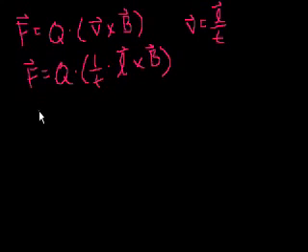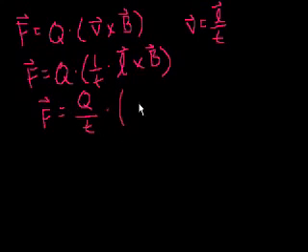So what we get left with is force is equal to charge per time times, and this is just a regular times because this is just a number, not a vector, the cross product of the distance vector and the magnetic field. And what is charge per time? That's coulombs per second. Well, that's just current.